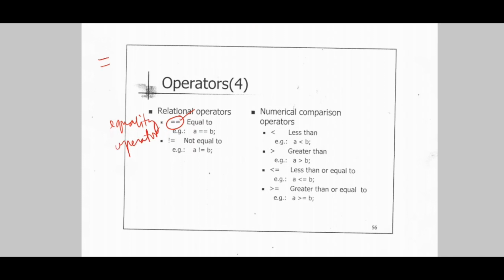While this is the assignment operator. Okay, so remember, this is the assignment operator, while these two, having no space in between, okay, take note, no space in between, is the equality operator.